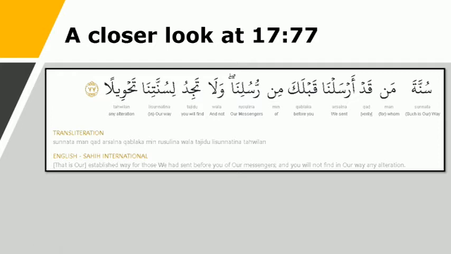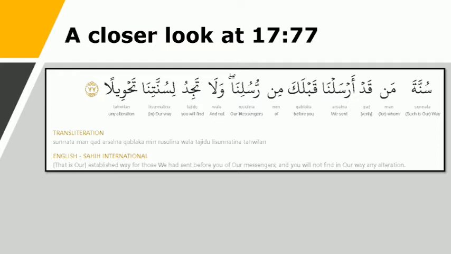Established way for those We had sent before you of Our messengers, and you will not find in Our way any alteration. So what that verse is specifically speaking about is that God's way is a constant. God's way over the course of the years has not changed. There's no deviation or alteration in that straight path, which is God's way.